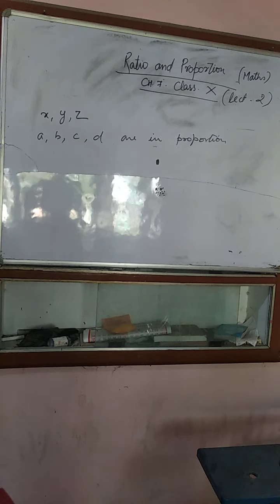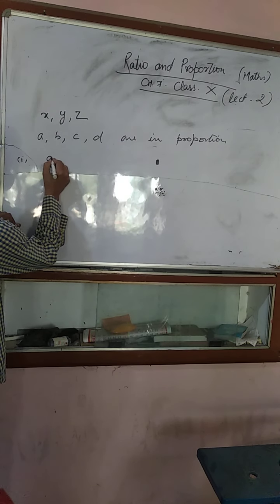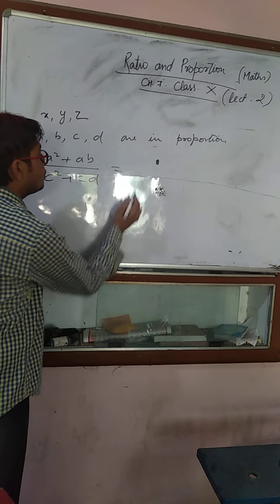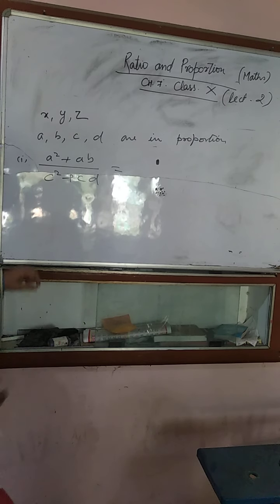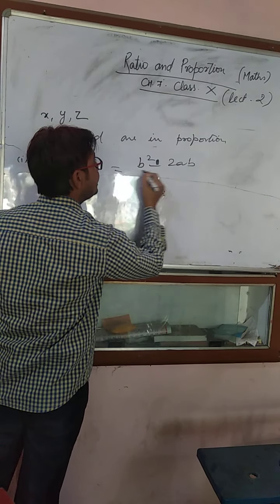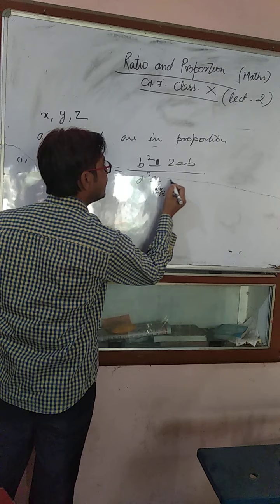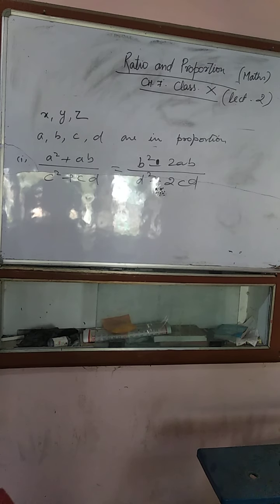Let us consider a question. It is written: a square plus ab upon c square plus cd is equal to b square minus 2ab upon d square minus 2cd.